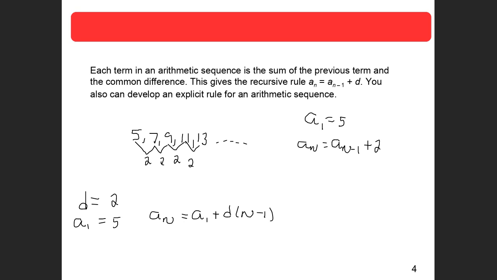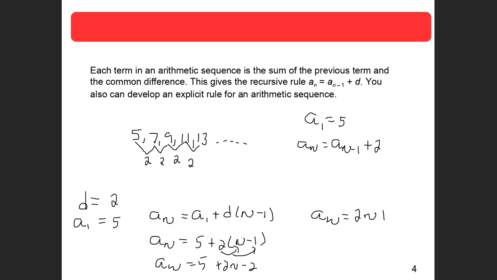Now, I never let students leave the parentheses in here. So if I plug in my values, a sub n is equal to 5 plus 2 times n minus 1. Okay, so now I'm going to multiply this through. So that gives me a sub n is equal to 5 plus 2n minus 2. And my final formula, since I put the 5 and the negative 2 together, is 2n plus 3.